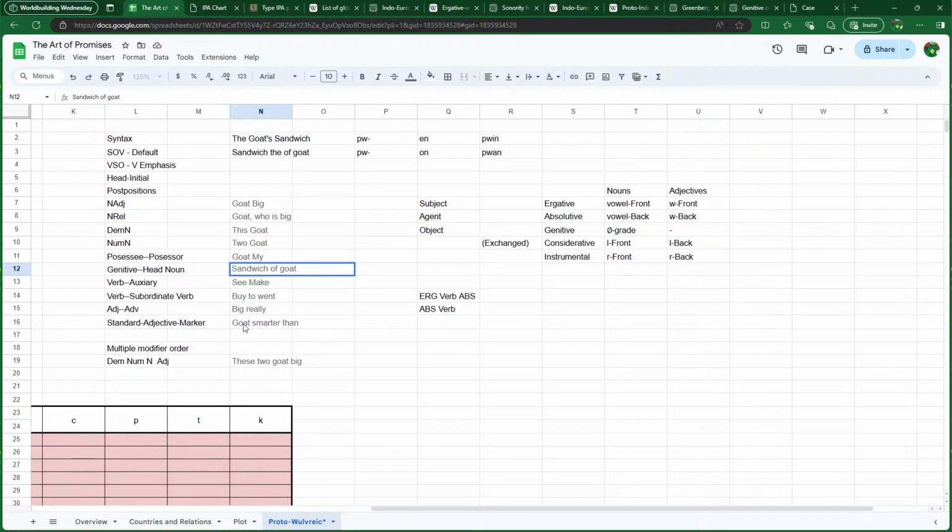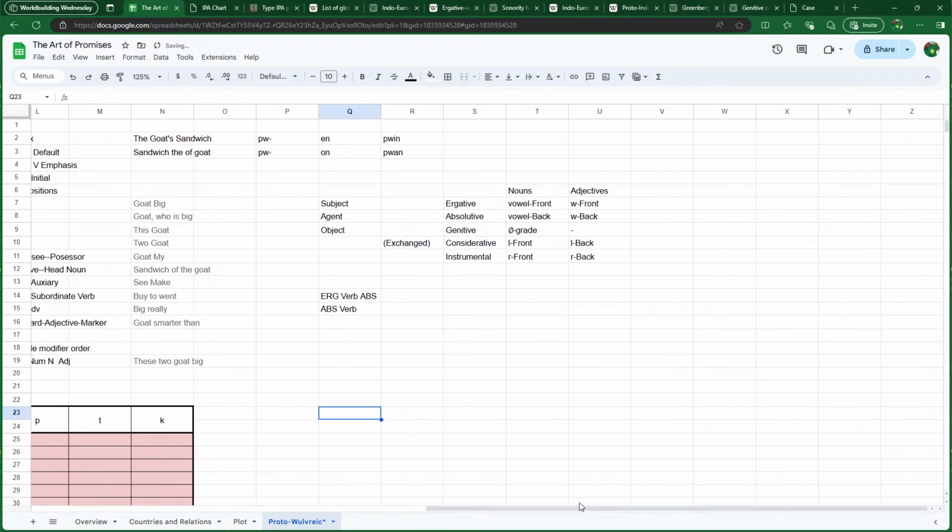Here, would the genitive precede the head noun, but would it precede all of the object modifiers? No, I think that the genitive precedes all of these things. Right.